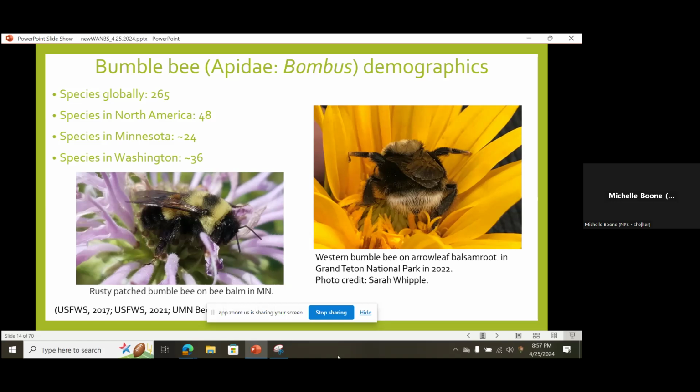In Minnesota, we've got just about half, but you actually have more than half of the known species in North America in Washington. And I actually just had to update this slide today because I had looked at an old source that said there were 25 species in Washington, and then learned in a presentation from Karen Wright today that it was 36. So I had to quickly go in and update my slides so I wouldn't be embarrassed.